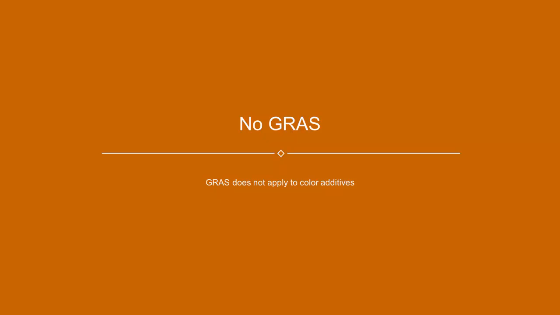And so we need to have a discussion about, well, does that make sense, especially in light of our conversation about GRAS being broken? How does that fit, and is there a rationale for why it is? But regardless of that discussion, we have to be sensitive that if it's not listed, it has to be approved, and so we cannot just say it's a GRAS color additive. That's just not a term that we have in this regulatory system.